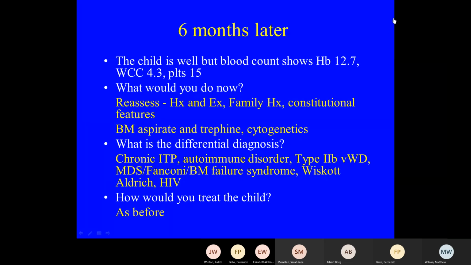So you tend to see them once a week, then once every 2 weeks, then once every 3 weeks, and you space out, and then you plug them into a clinic appointment and see them once every month or every 2 months. But just remember that doing the blood count is only to find out when it's likely to be gone, rather than to tell you whether the levels are going up or down, because it doesn't really matter.